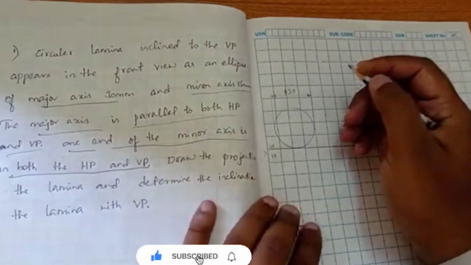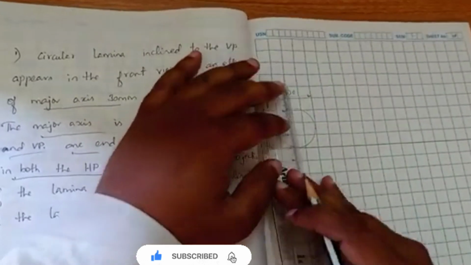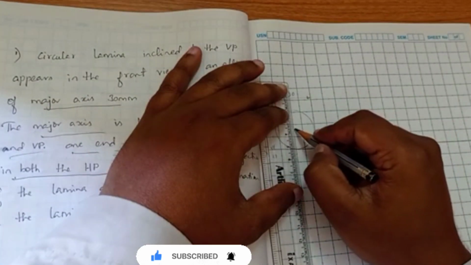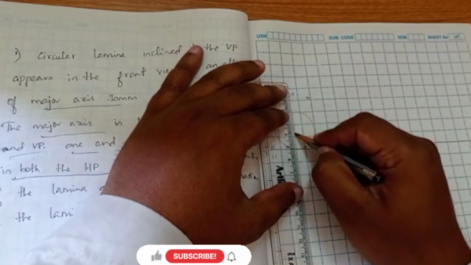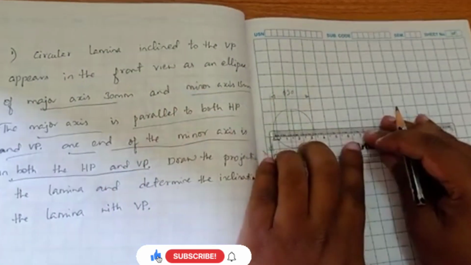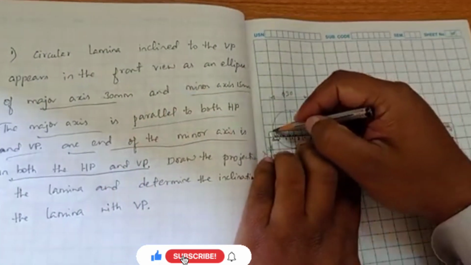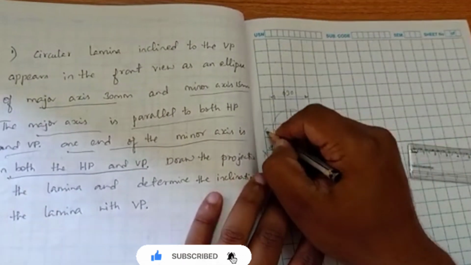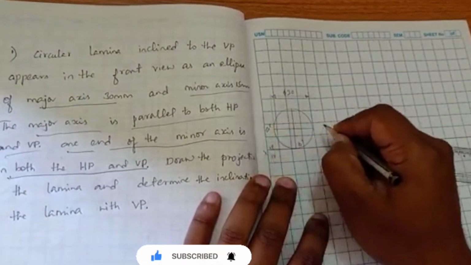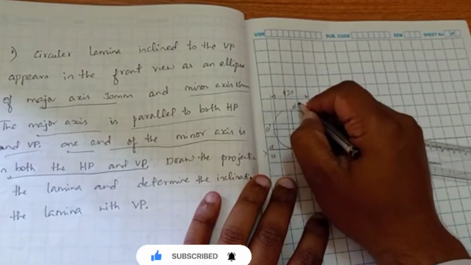Diameter 30. So what we do here is we are going to divide this circle into only 4 parts, not the 8 parts, in this special type of problem. Okay, so we are dividing the circle into 4 equal parts. So we are giving the namings A dash, B dash, C dash and D dash.